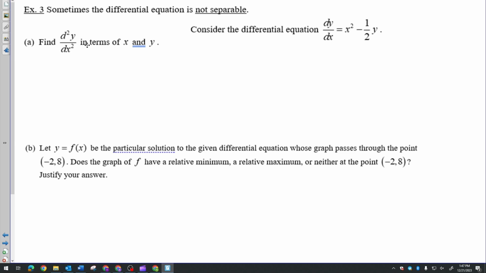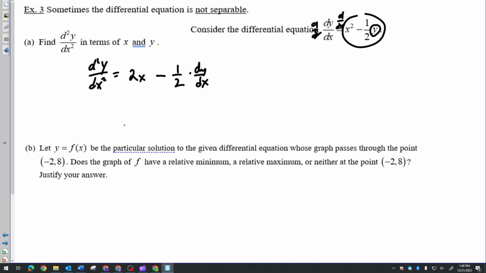Part A says find the second derivative of this. So to find the second derivative, I'm going to do the d dx of both sides. And so the d dx of this will be 2x dx dx, so that's just 1, minus 1/2. But this is a y, so I'll have a dy dx. All right, so that's the second derivative right here.